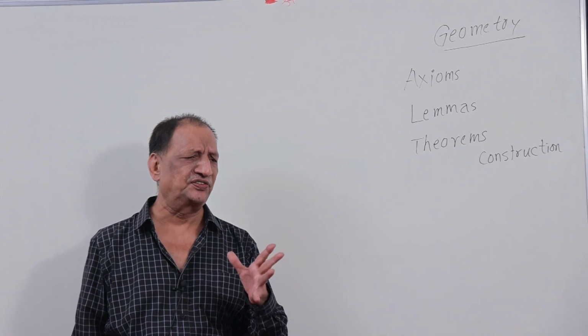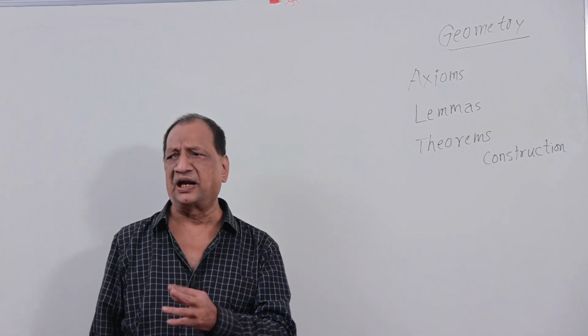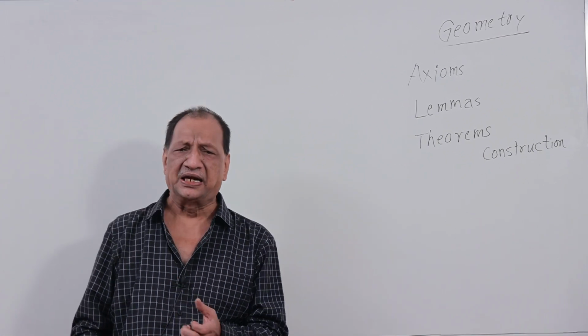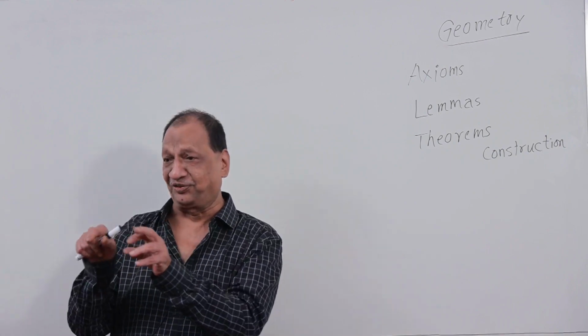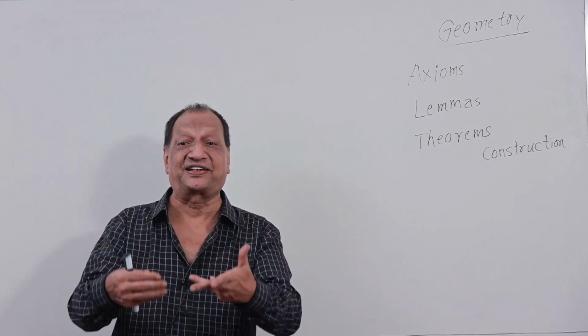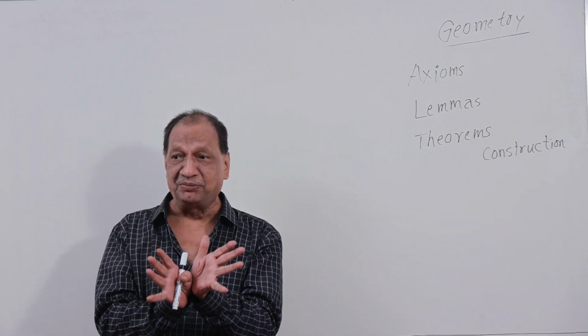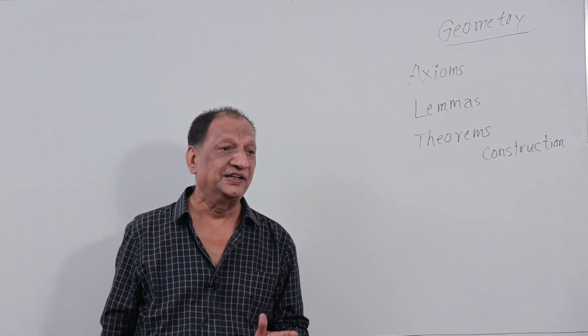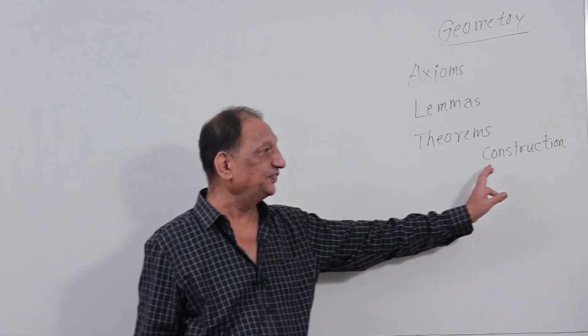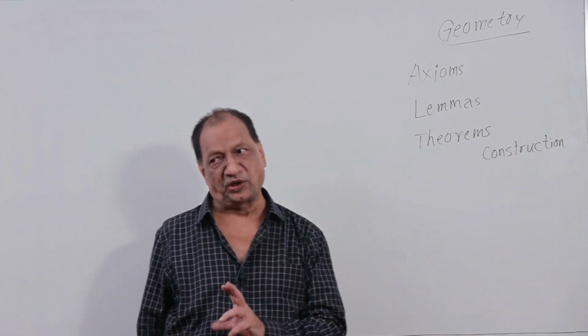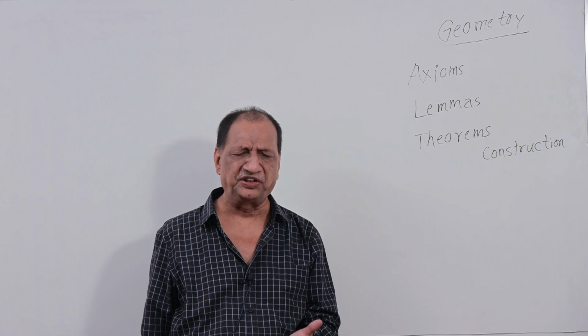Construction is adding some lines, adding a circle, adding an altitude. We add, and in fact, we show that as a dashed line to say that this is what I have constructed to be able to prove this theorem. The original theorem didn't have that diagram, but I've added some additional details to that picture. That is a construction. That is one aspect which you have seen also.